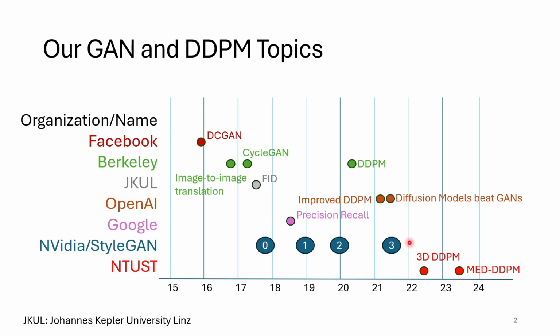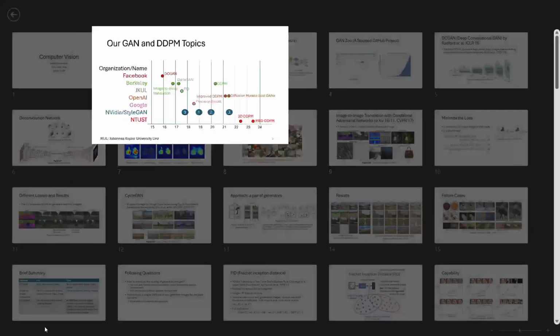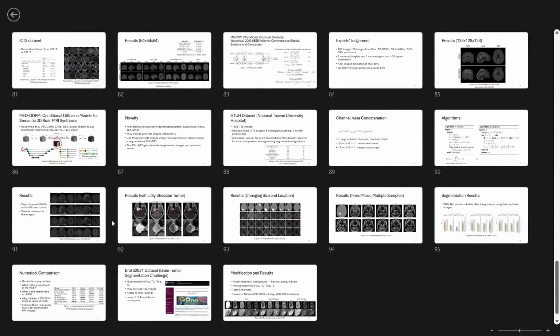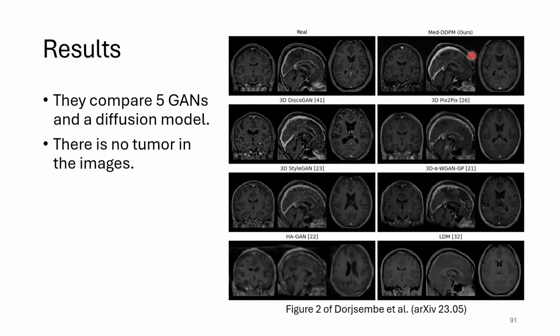As you can see, they compare many GAN algorithms in their paper. So that's over here. Here you can see this is the result of MedDDPM, but they compare the result with DiscoGAN, pixel to pixel, and StyleGAN, and this is the 3D alpha-WGAN, HA-GAN, and this is a latent diffusion model, another diffusion model.